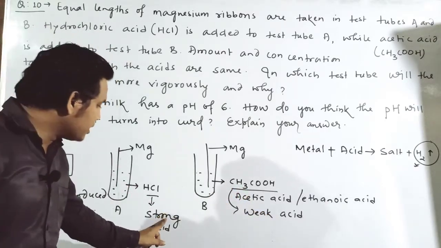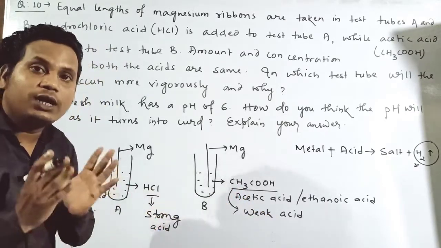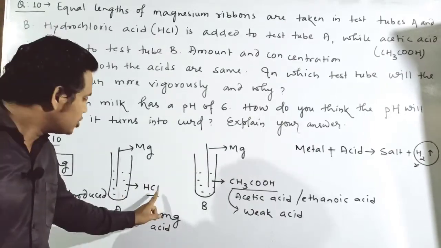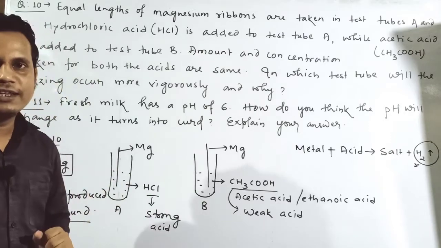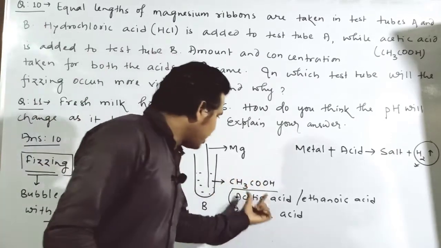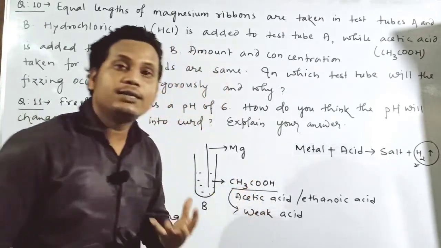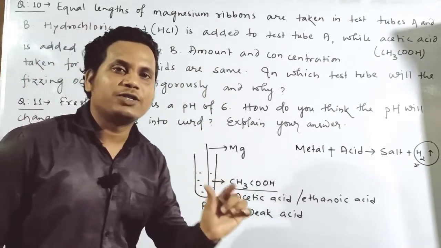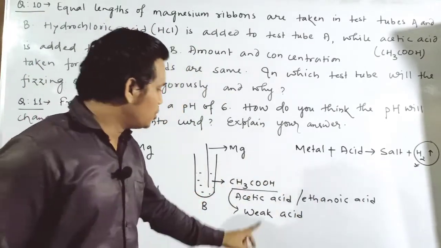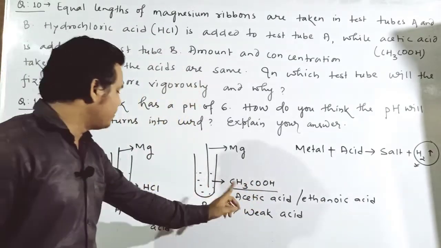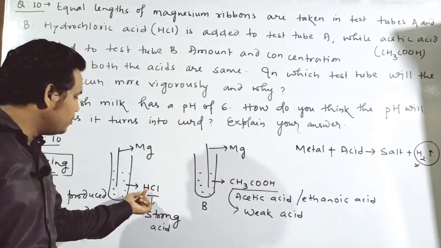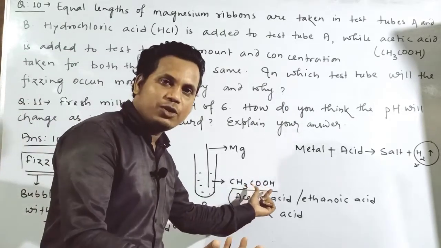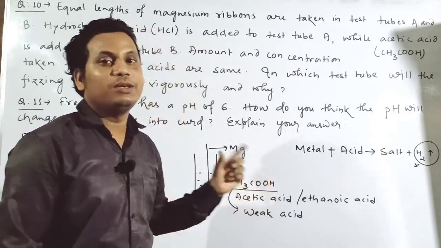So a large number of H+ ions and Cl- ions will be there. Ethanoic acid or acetic acid is a weak acid, and we know weak acids are partially dissociated. So if we compare, H+ ions will be more here, and this will partially dissociate, so H+ ions will be less.